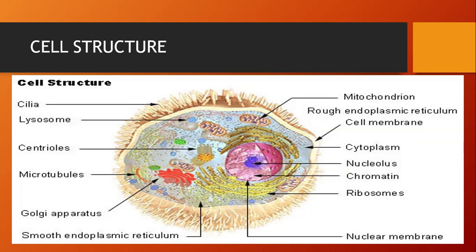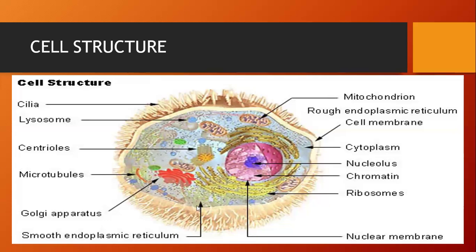And the last but not the least is a cell contains information for its structural and functional development in its nucleic acid. Hence, we know it as DNA or RNA, which is deoxyribonucleic acid or ribonucleic acid, as the case may be. So every cell possesses that genetic information in its nucleic acid.